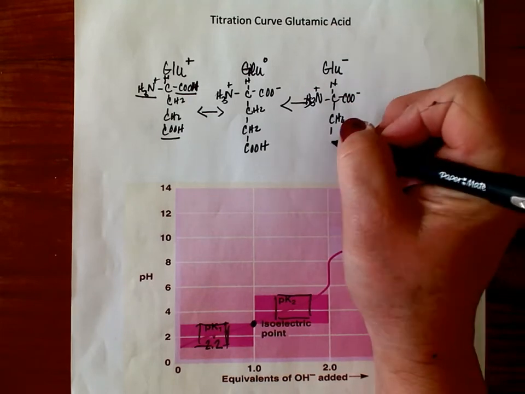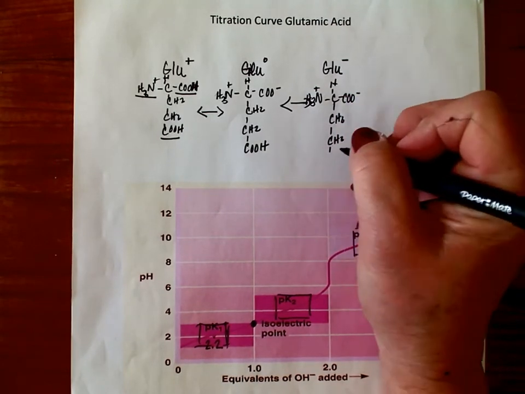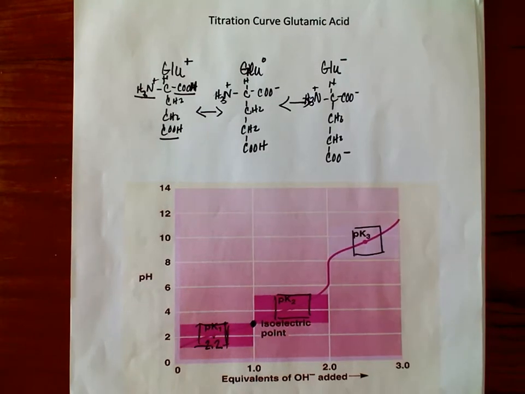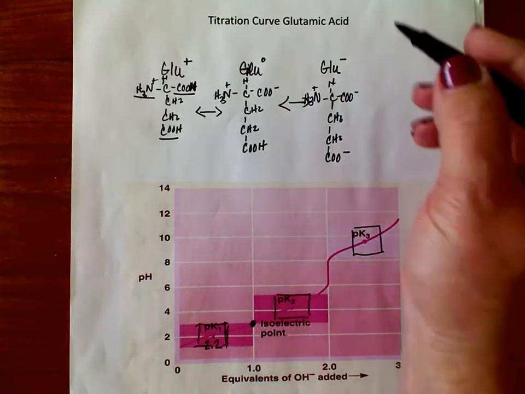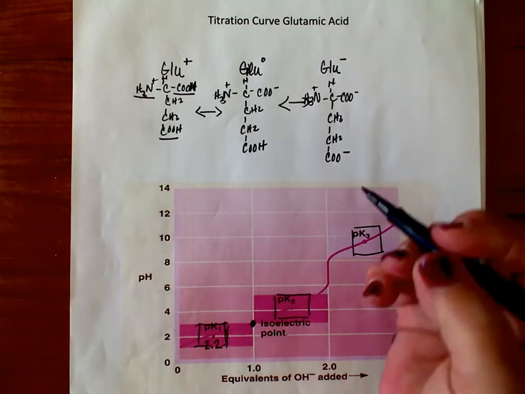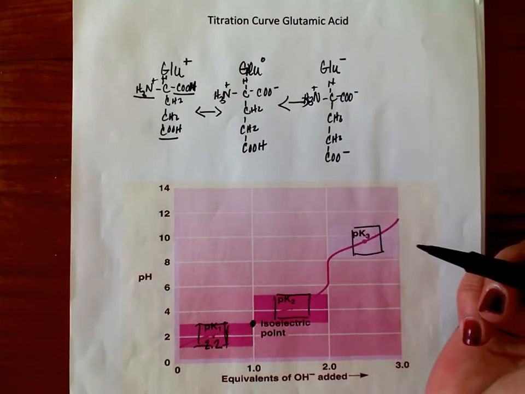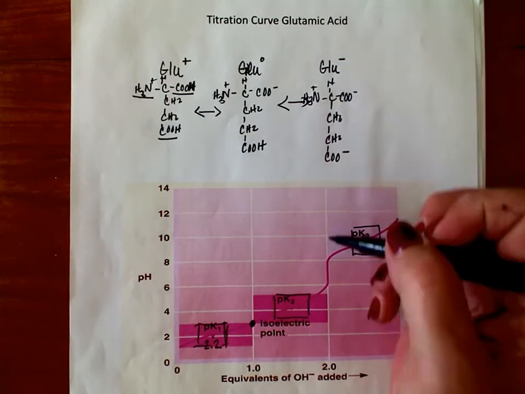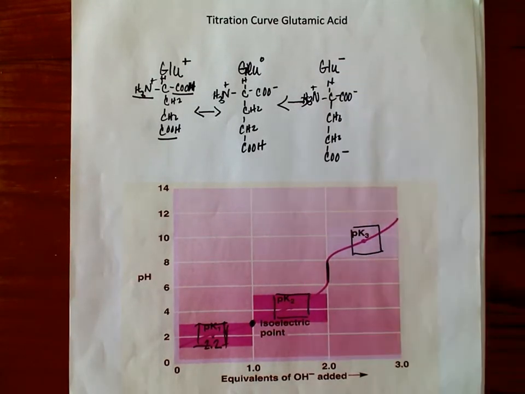So we have the ionization of the R group. So now we have two -1s and a +1, so we have an overall net charge. And this corresponds to this region. Okay, we've completely ionized.